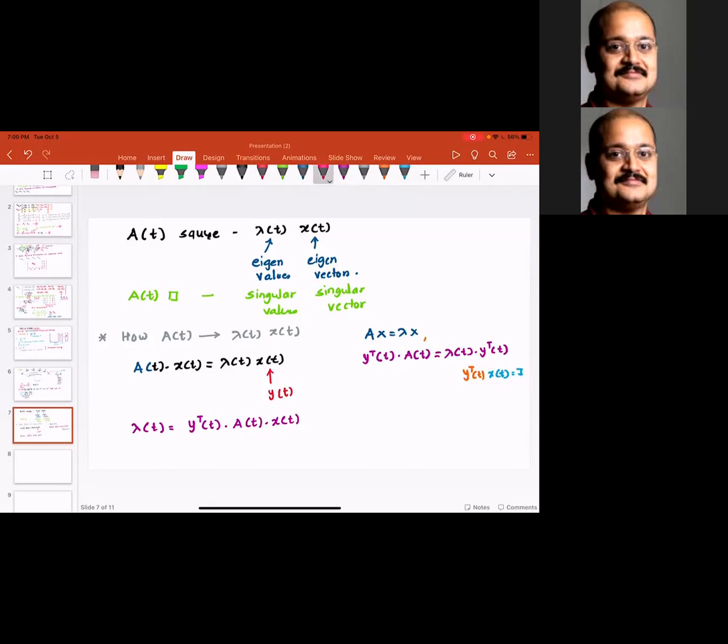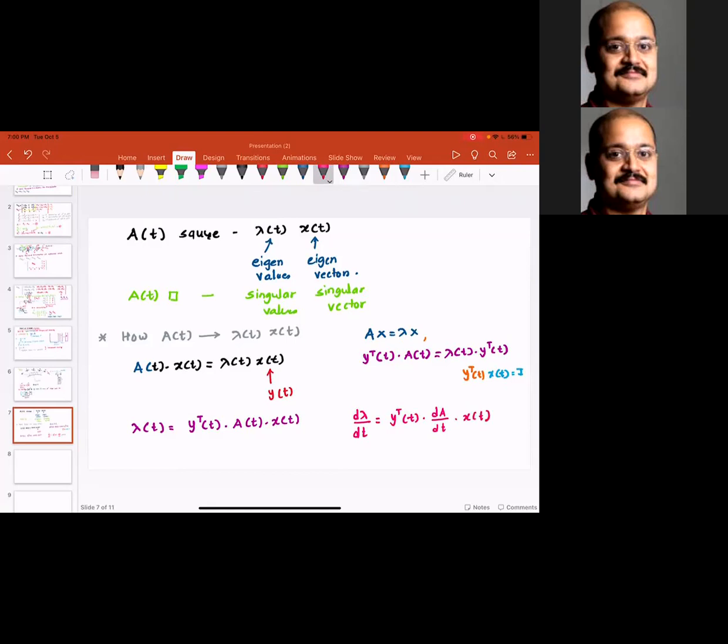And the derivative of the eigenvalue, d lambda over dt, is equal to y of t transpose multiplied by dA over dt multiplied by x of t.